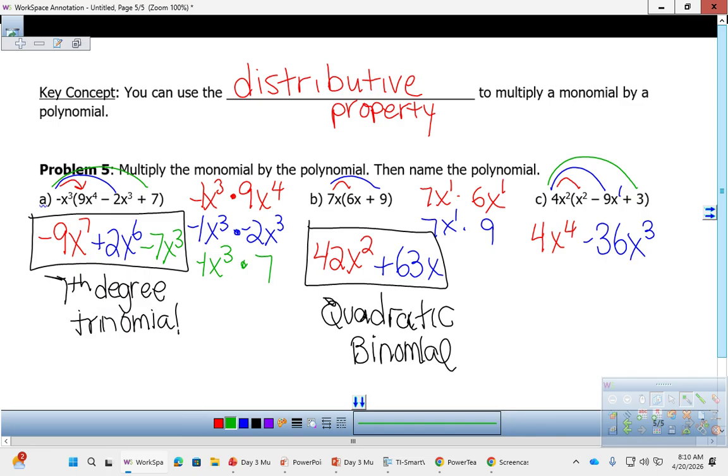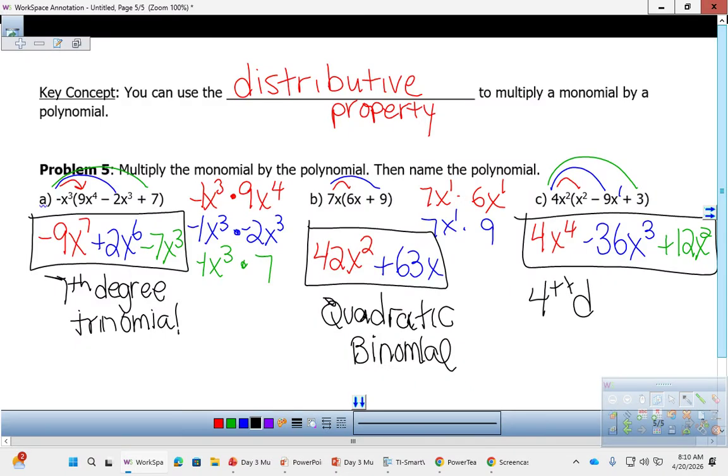Well, 4 times 3 is 12. Keep the base. There aren't any exponents to add, so I'll just keep that as a squared. This is a 4th degree trinomial because there's 3 terms.